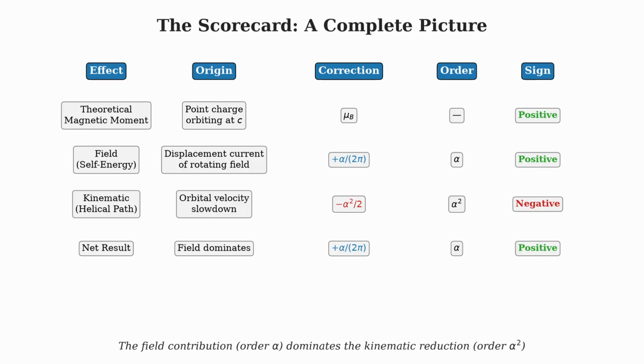So I get Schwinger's term, and then I get, just like the Peterman integrals, a negative correction, alpha squared divided by 2. But then I have other second order terms that I said are related to other field effects that this dynamic picture of the electron as an oscillation of charge yields.